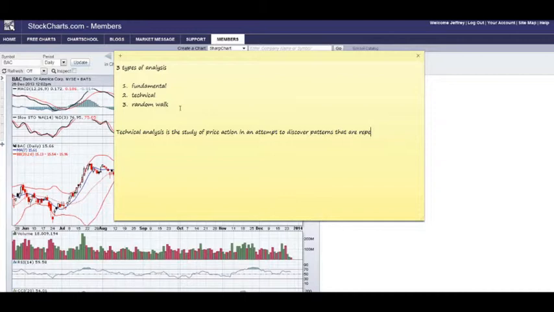That's really what technical analysis is trying to do. No matter what you're using in technical analysis, this is the attempt. You're trying to discover repeatable patterns, okay, repeatable patterns.